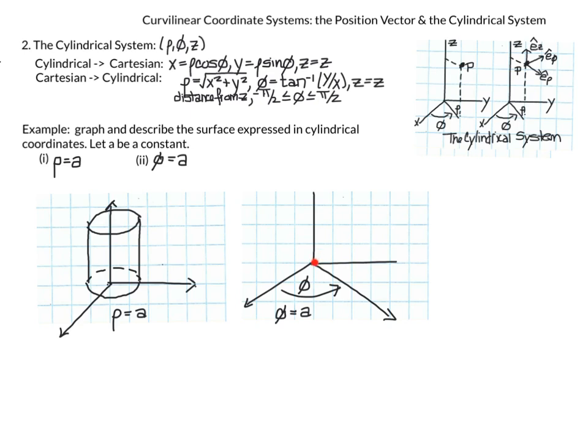So far we've accounted for rho, which goes from 0 all the way out to infinity. We have phi, which is fixed, but z is not. So for every value of z, we have this repeated infinite ray. It's not a line, it's an infinite ray. And what we end up with is this half plane, because this goes out into infinity in this direction and in the z direction, but we don't go negative in the x direction.